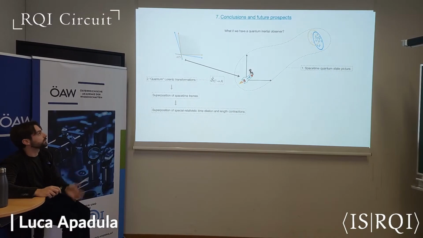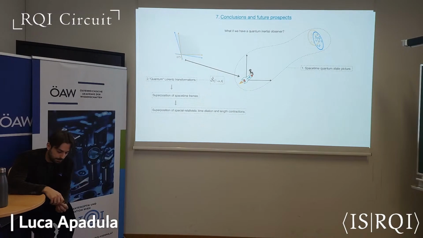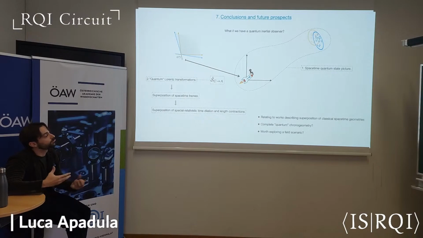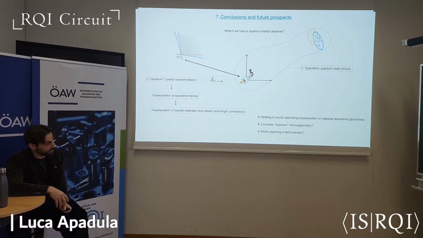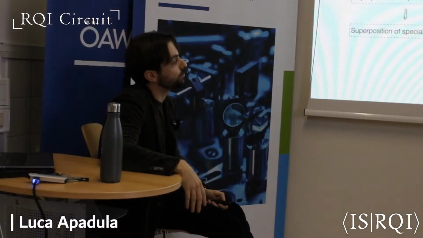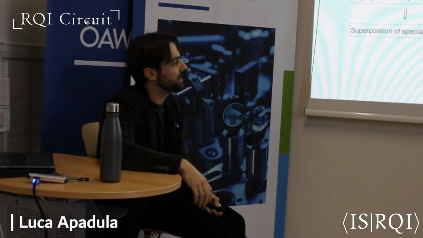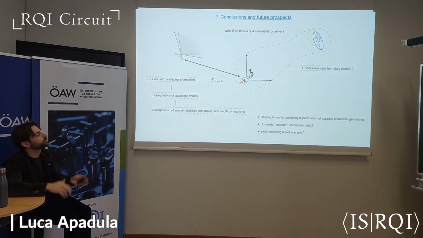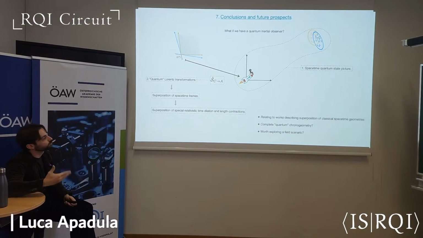And then for future prospects, this is one small piece of work which is part of a choral effort, as Czesław said, to better understand the interplay between quantum mechanics, the quantum domain, and space-time geometry. An interesting thing would be to give a complete prescription of what could be a sort of quantum chronogeometry.